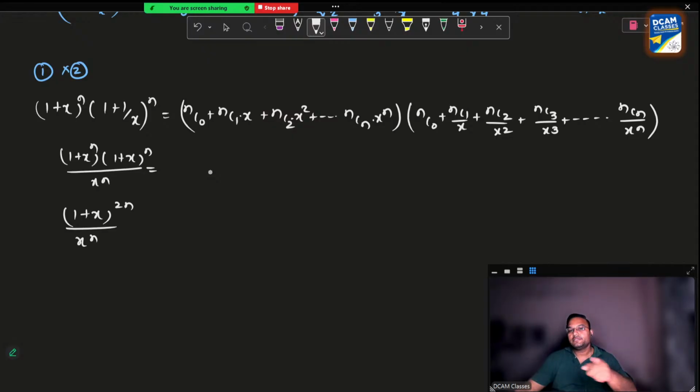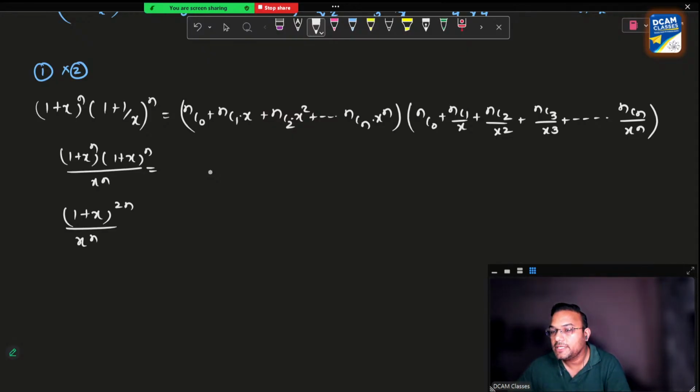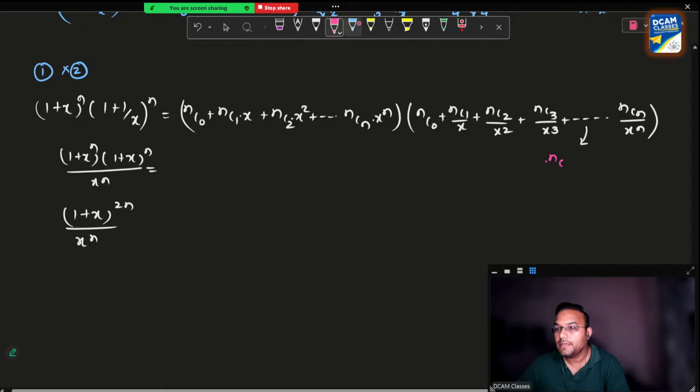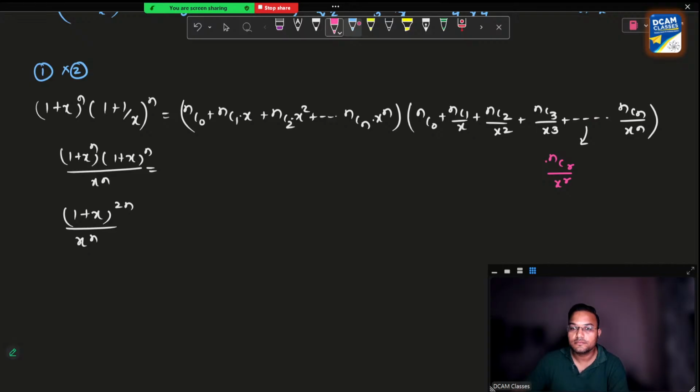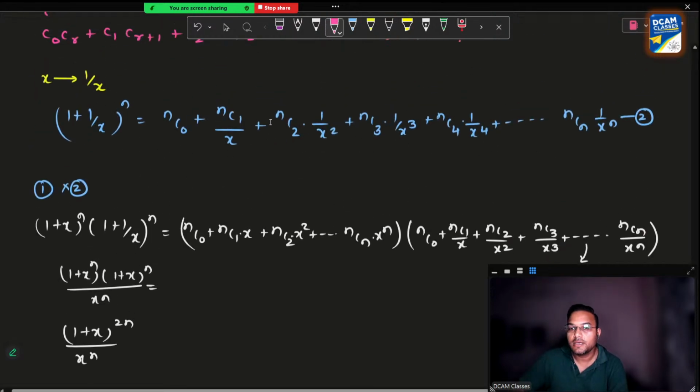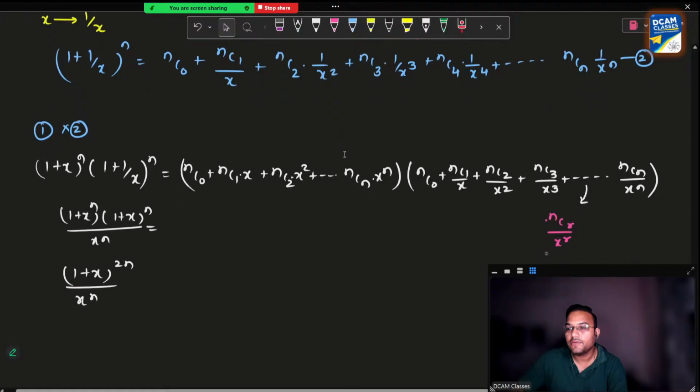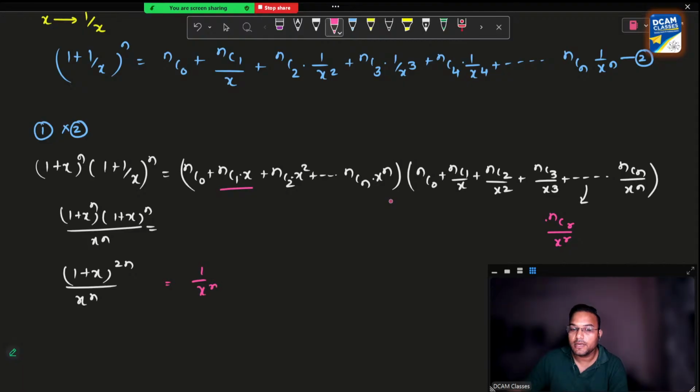If you multiply nC0 with nCr, you are actually finding the 1 by x power r term.